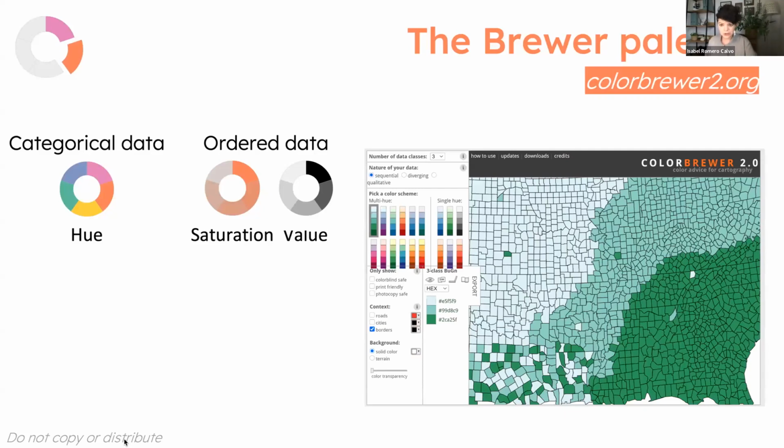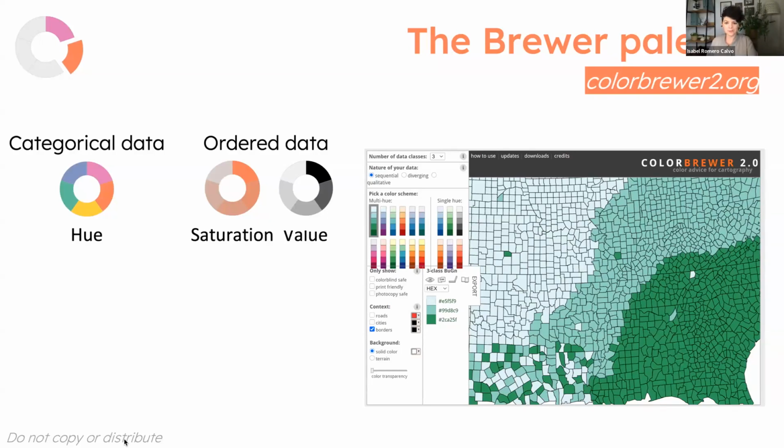This is just a screenshot of the website. Cynthia Brewer is a cartographer. This website was created to make maps and roads, and so the application of this resource to data visualization is really well established. It's funny that the origin wasn't intended for everyone, just for roads.